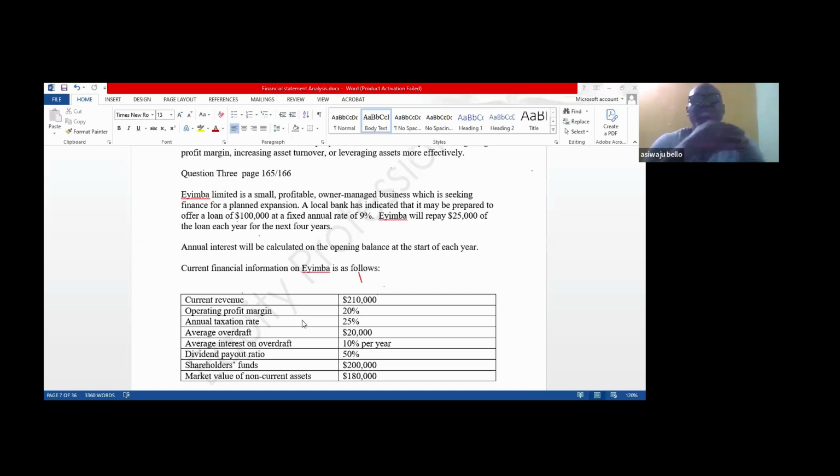Dividend payout ratio, 50%. Shareholders funds, $200,000. Market value of non-current assets, $180,000.